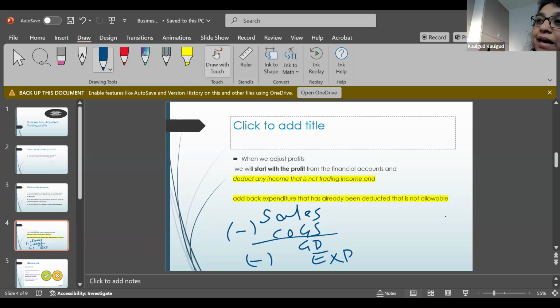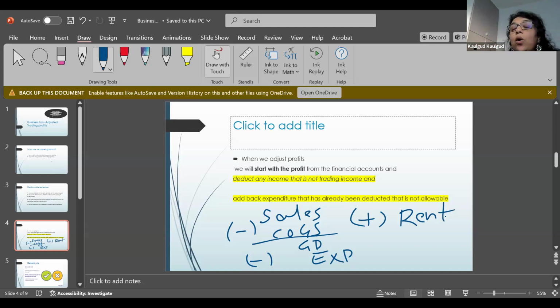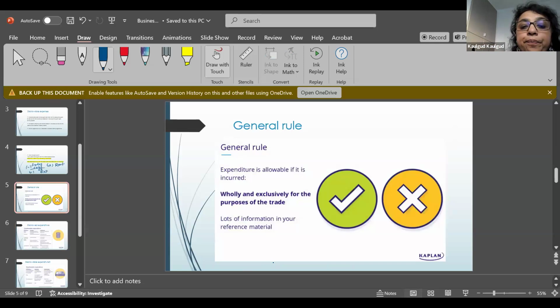Same with your incomes. Imagine there is a rent. Originally I would have added any rent or other income, but if it is non-trading, I need to deduct that. There are many examples that we are going to see, and that will help us understand.